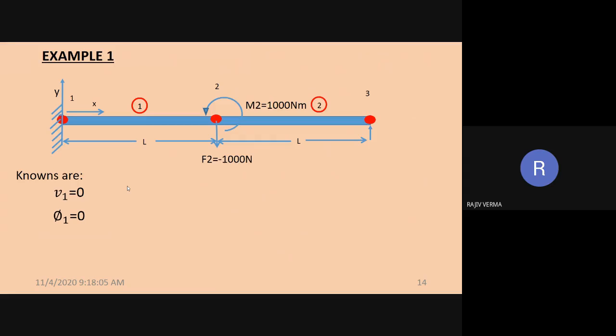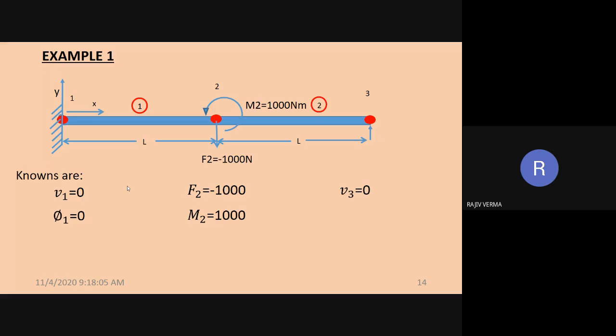The knowns are, since node 1 is fixed, the transverse displacement as well as the angular rotation at node 1 is going to be 0. We have forces and moments applied at node 2, so obviously these two are the known quantities, and the right end is simply supported.